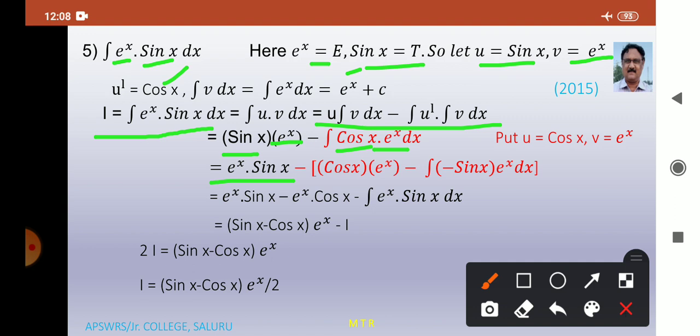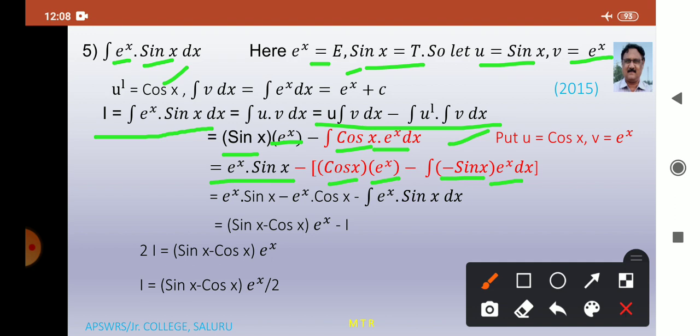Now u into integral v, integral e power x is e power x, minus integral u dash, here u is cos x, derivative minus sin x, put minus sin x, integral v, integral e power x is again e power x. Okay, again you apply the uv formula here.